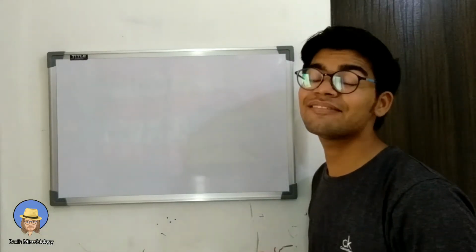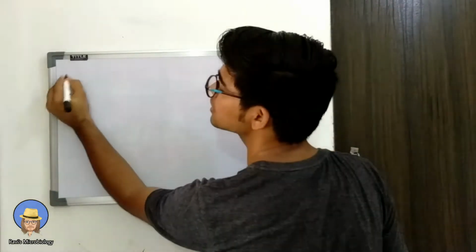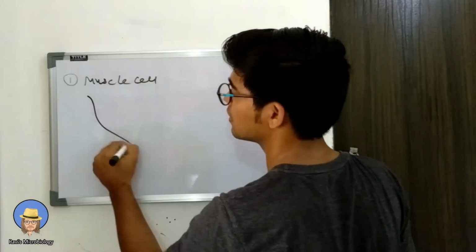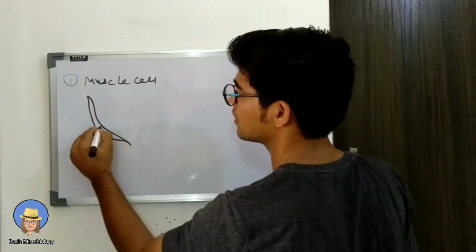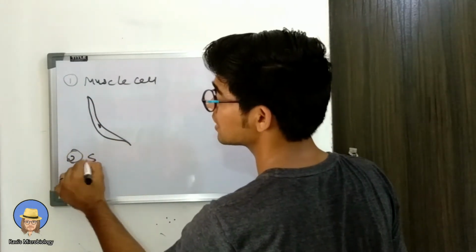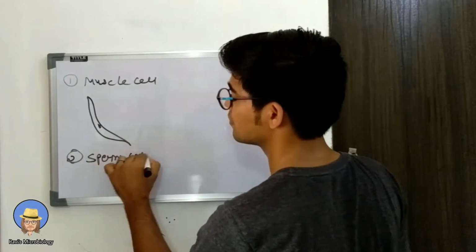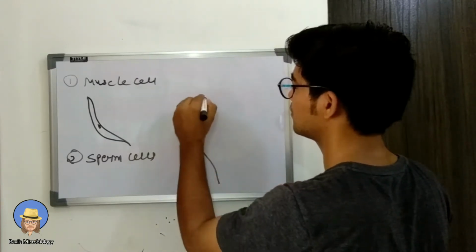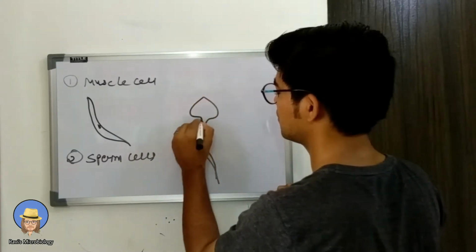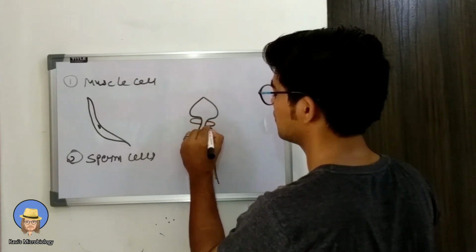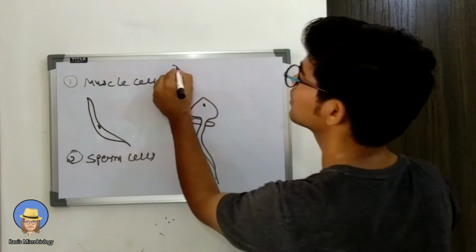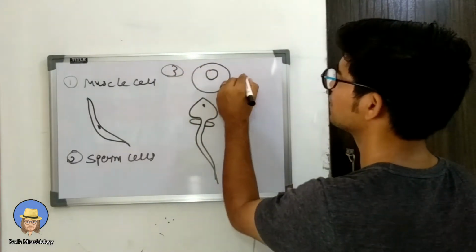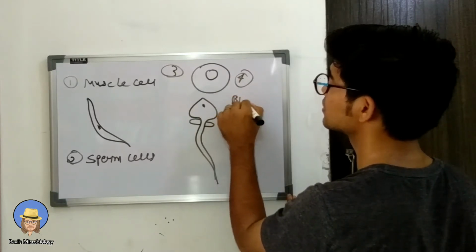The human body contains 7 types of different cells. First is the muscle cell, the second is the sperm cell, the third one is the ovum, the fourth one is blood cells.